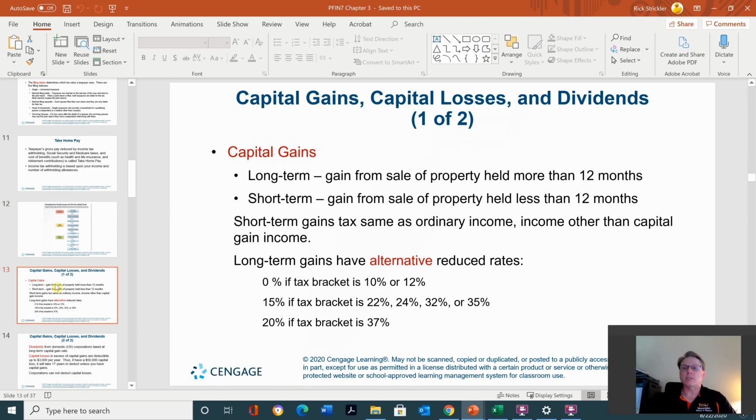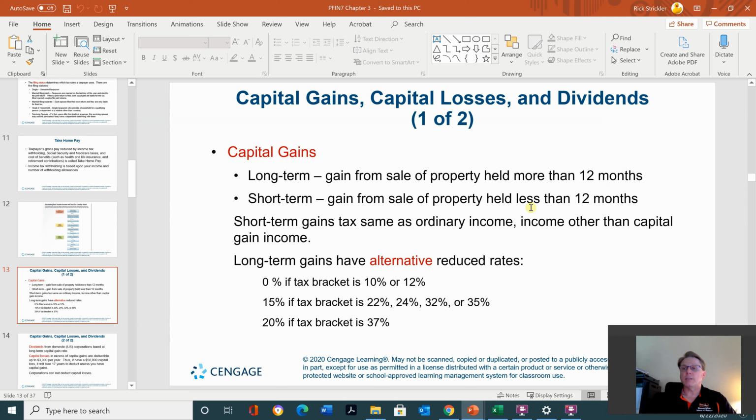Capital gains and losses and dividends. Long-term capital gains are gains from the sale of property held for more than 12 months. It also includes stocks. If you buy a stock and hold it for more than 12 months, then it's taxed at 20% versus your individual tax rate, whichever it could be up to 37%.